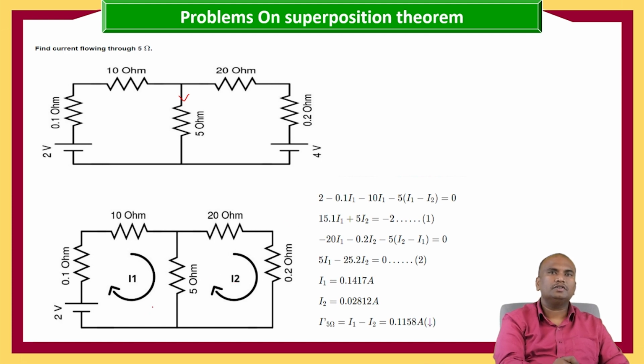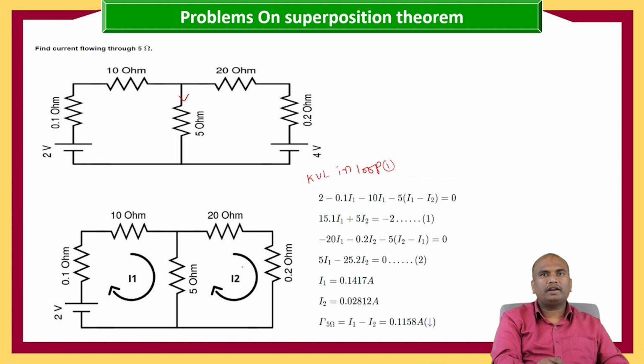When we apply KVL in loop 1: 2 minus 0.1 I1 minus 10 I1 minus 5 into (I1 minus I2), because current I2 is flowing in the opposite direction. That gives 15 I1 plus 5 I2 equals minus 2. This is our equation number 1.